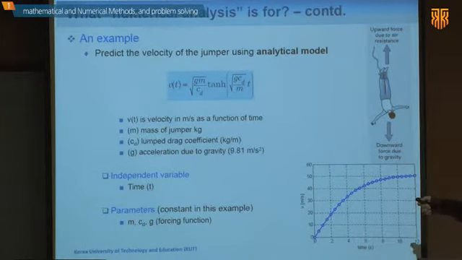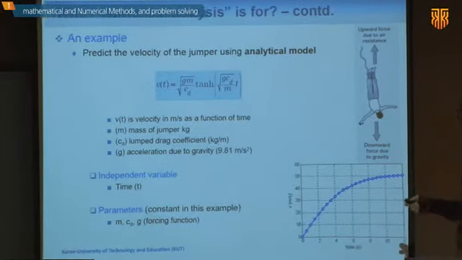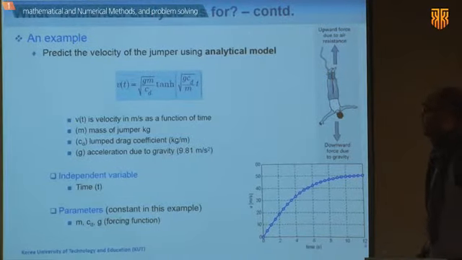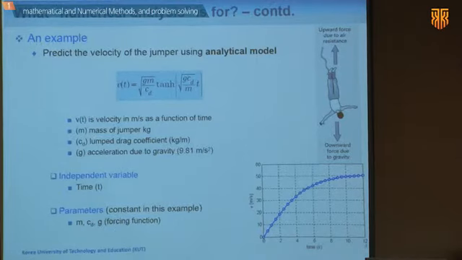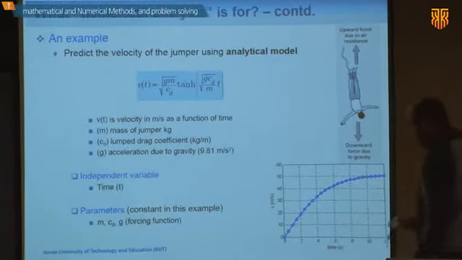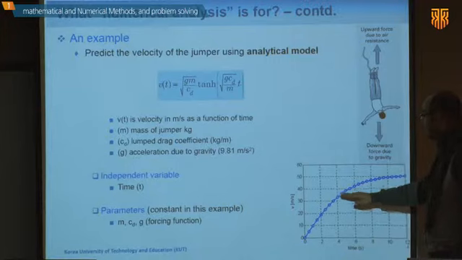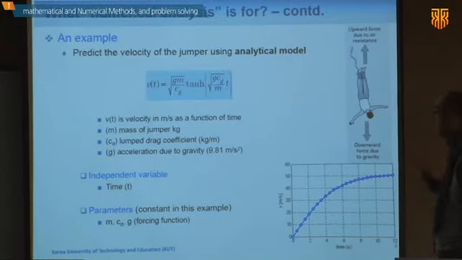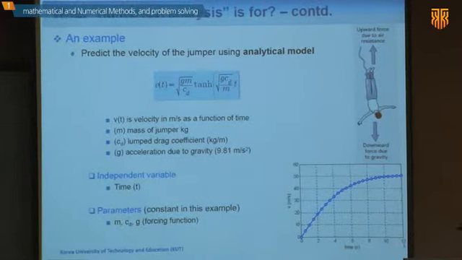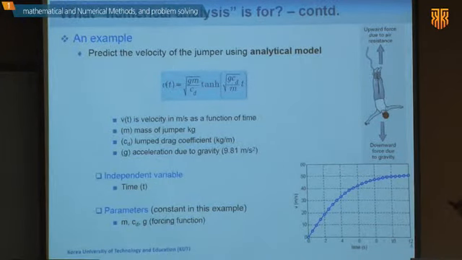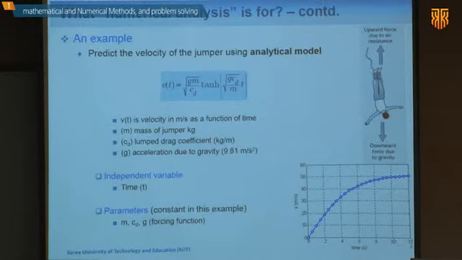So Vt is the velocity, m is the mass of the jumper, Cd is a constant, g is the acceleration due to gravity, and we know this is almost the value. So the independent variable in this case is t.